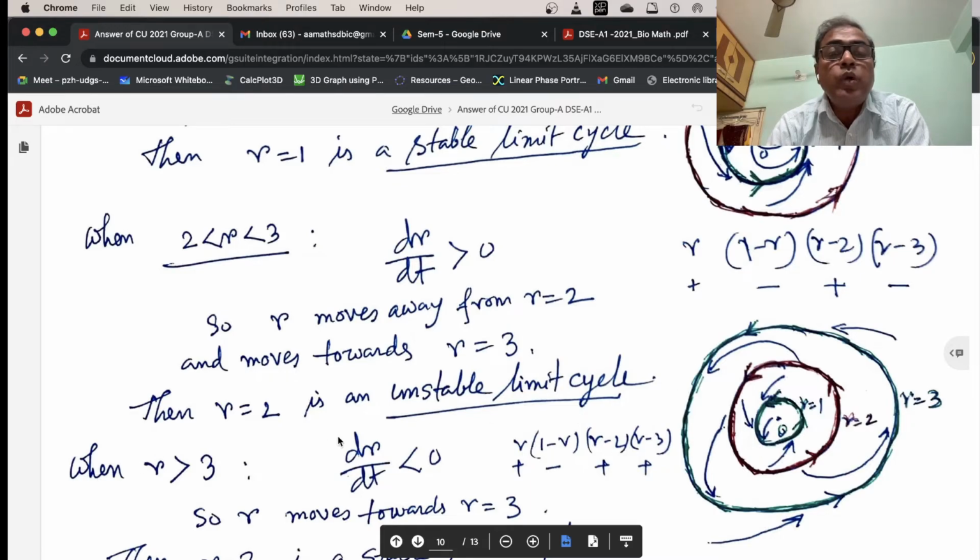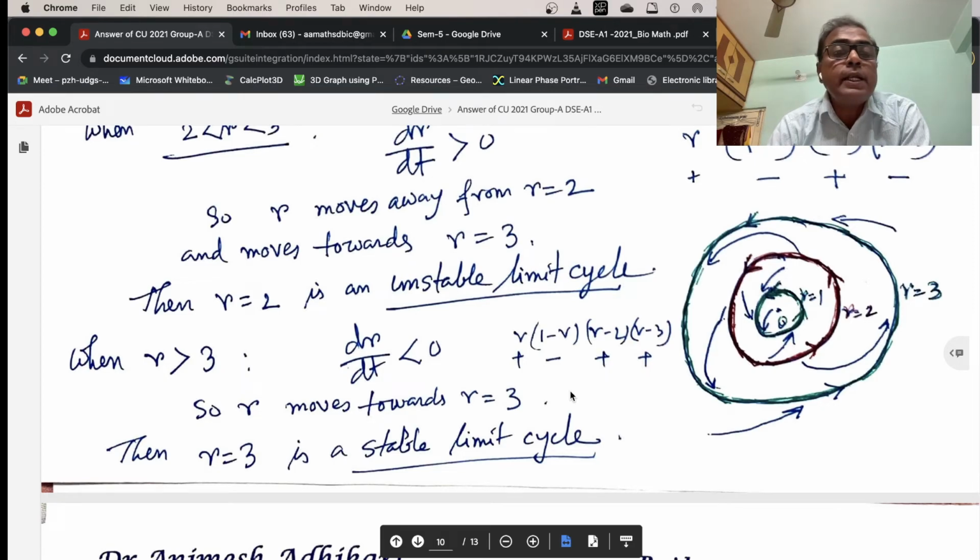So r = 2 is an unstable limit cycle. And when r is greater than 3, r is positive, 1 - r is negative, r - 2 is positive, r - 3 is positive, so dr/dt is negative.